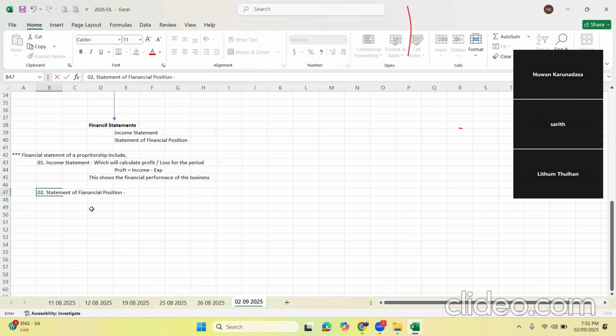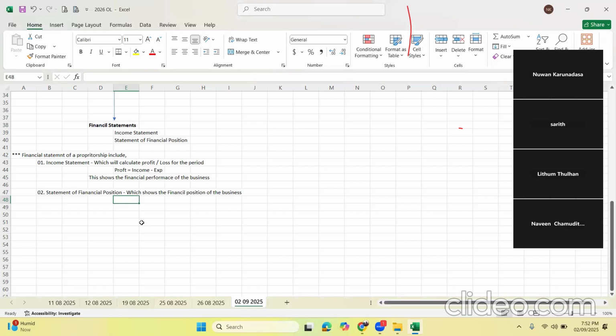This shows the financial position of the business, which shows the financial position of this business. So here we will take another formula that we have already learned.